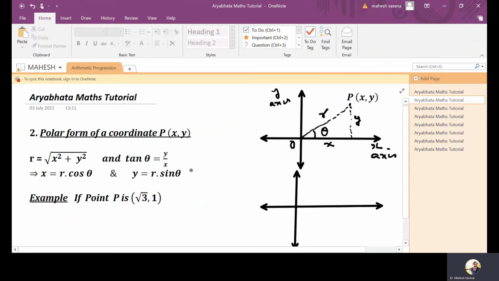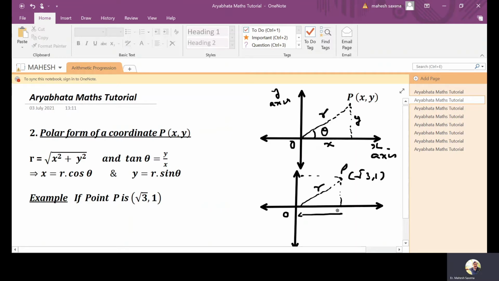Let us take an example. Suppose point P is root 3 comma 1. Let this be the point and its coordinate is root 3 comma 1. Then join this P to O, and draw perpendiculars from this to the x-axis and y-axis. This distance will be r.